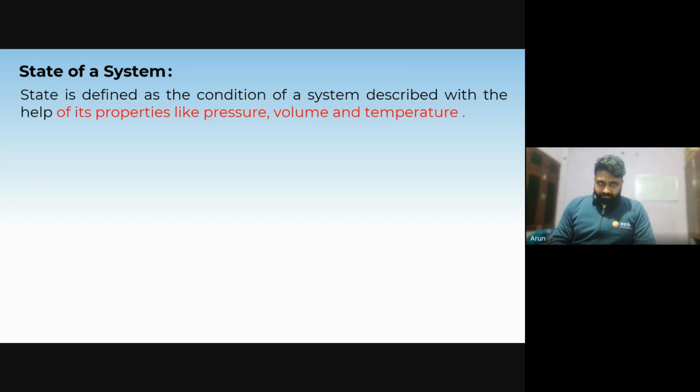So this state is nothing but the condition. If you take the example of water in the liquid state, it is termed as water. So in that, we can say that at this particular temperature, at this particular pressure, or at this particular volume, this liquid will behave as water, or this liquid is water. The state that this particular material has is liquid.